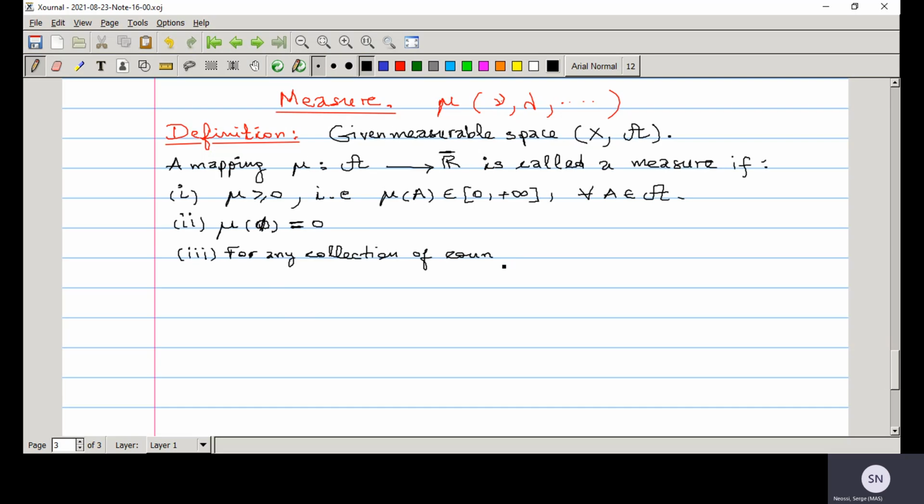Because if I replace countable with finite, you have the impression that the sets are finite, whereas it's the collection that is.